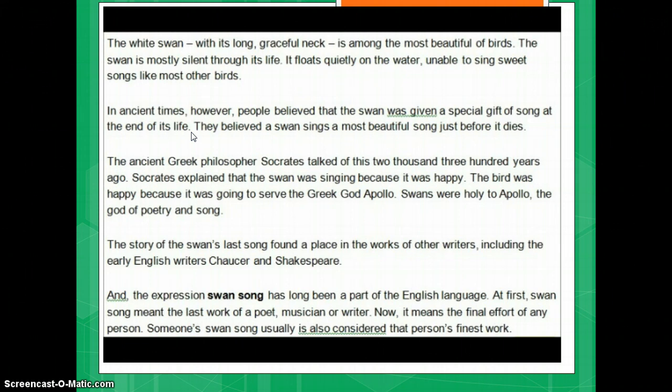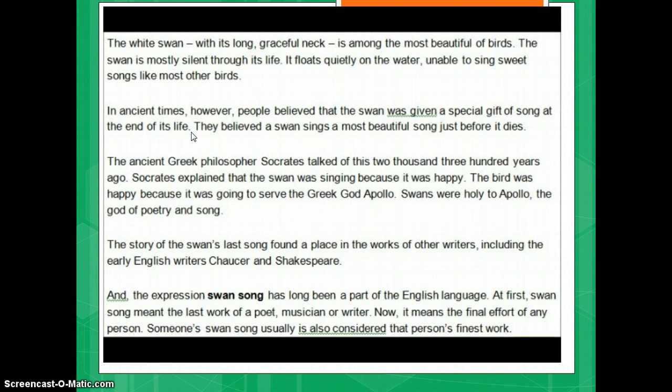The ancient Greek philosopher Socrates talked of this more than 2,300 years ago. Socrates explained that the swan was singing because it was happy. The bird was happy because it was going to serve the Greek god Apollo.